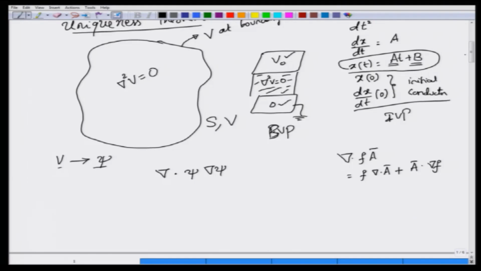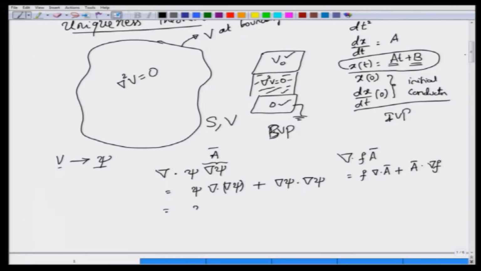So, you have divergence of psi gradient of psi. This would obviously be equal to psi del dot gradient of psi, because the vector field A is gradient of psi for us, plus gradient of psi dot gradient of psi.